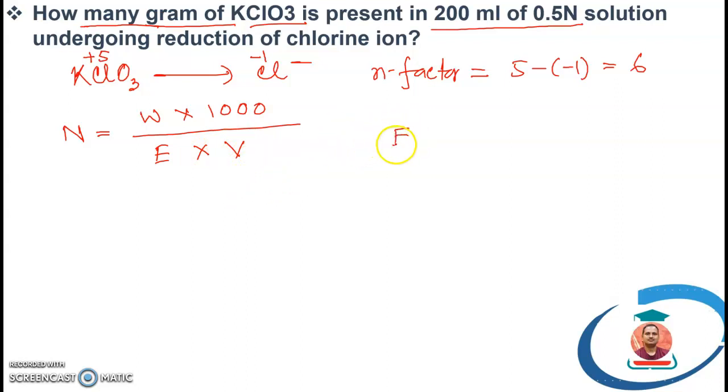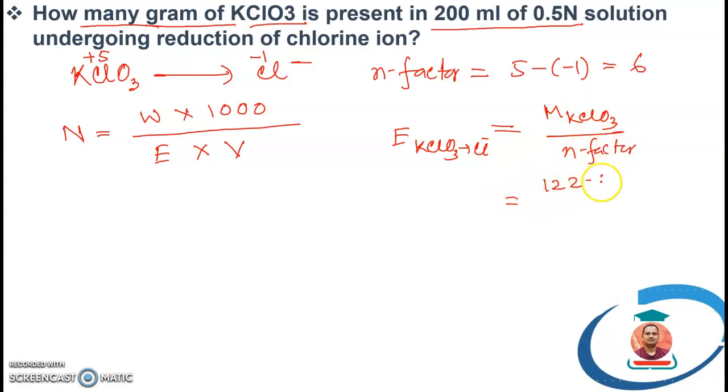Equivalent mass E of KClO3 to Cl minus, for this reaction, will be molecular weight of KClO3 by N factor. Here for potassium chlorate the mass is 122.5. If you sum up the masses of potassium, chlorine and oxygen, it is 122.5, divided by 6.